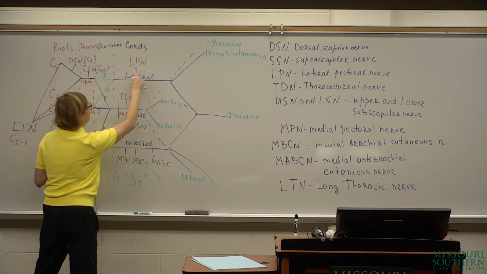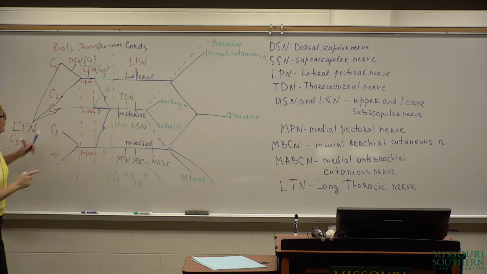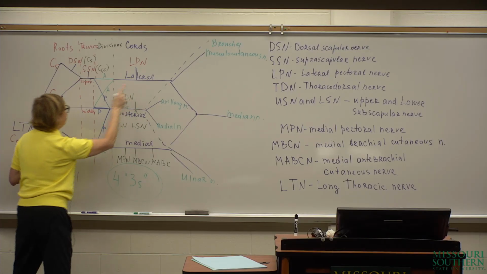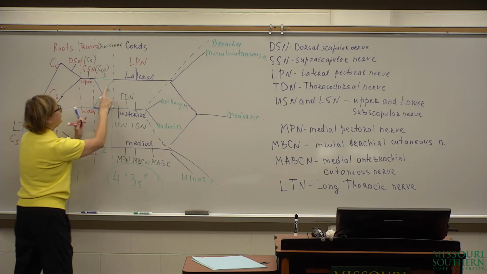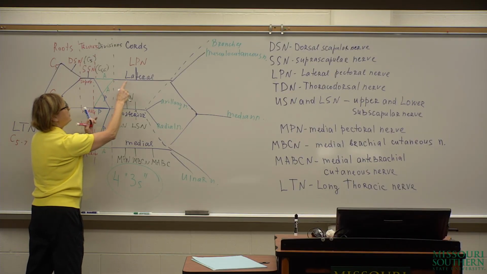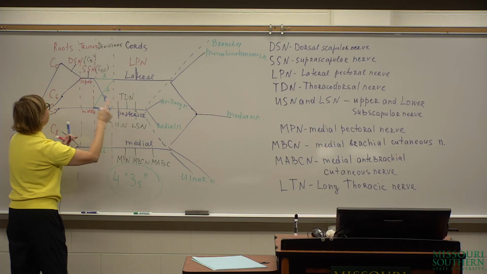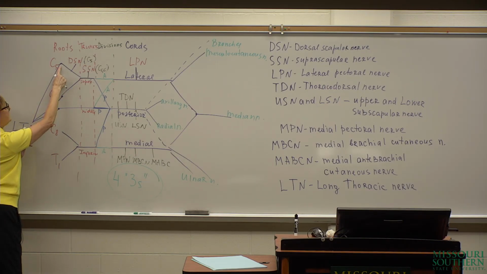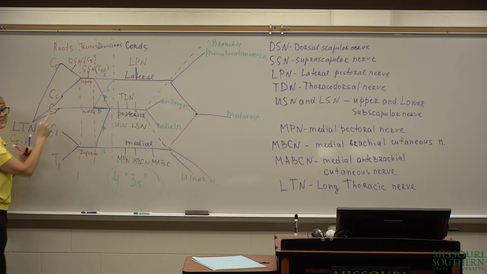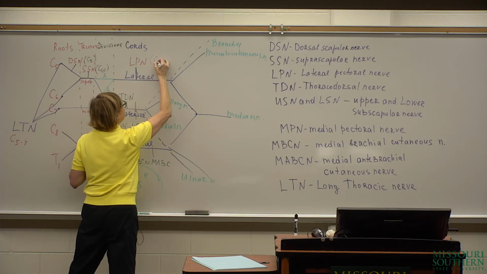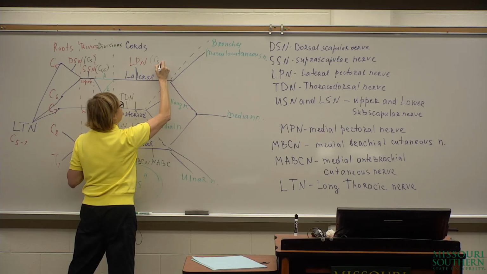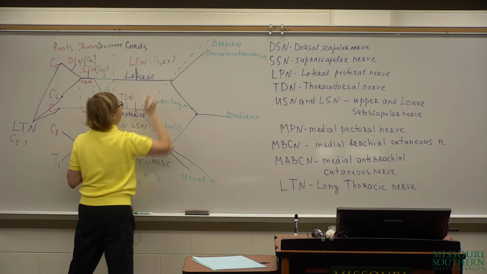So now let's move to the lateral pectoral nerve. So the lateral cord receives contribution from the middle trunk through the anterior division. So the lateral cord receives contribution from C5, 6, and 7. So the lateral pectoral nerve receives contribution from C5, 6, and 7.